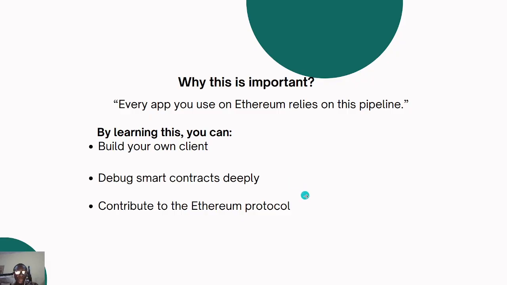All right, and then you can contribute to the Ethereum protocol. After understanding every stage of a transaction, you'll be able to know where issues are in protocols. For instance, if you go to GitHub now, there are all kinds of issues on these clients, so they need people who will contribute. But sometimes you just get overwhelmed when you see certain code bases.